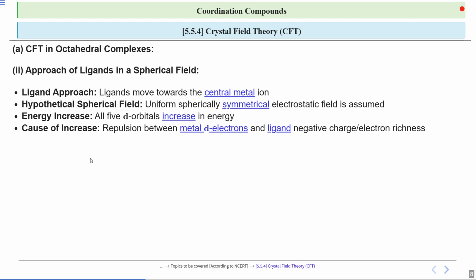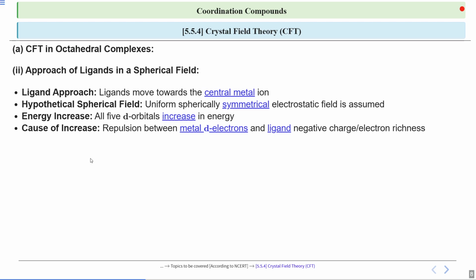Because when the ligands are approaching, there is repulsion between the metal d electrons and the ligand negative charge, or the ligand electron richness. So why is there an increase in energy in the 5d orbitals, which had similar energy before?